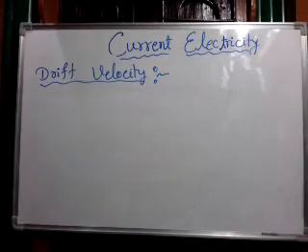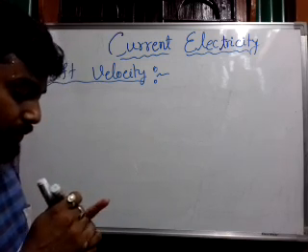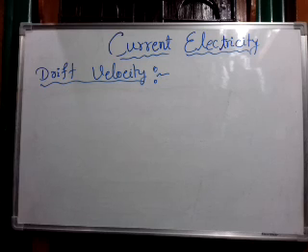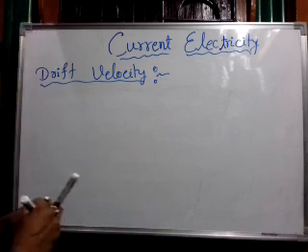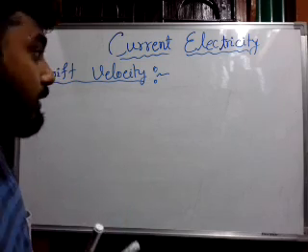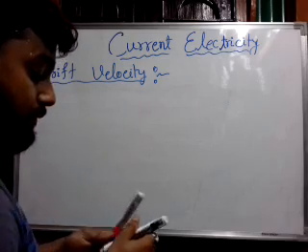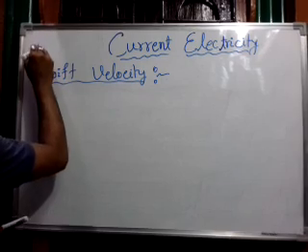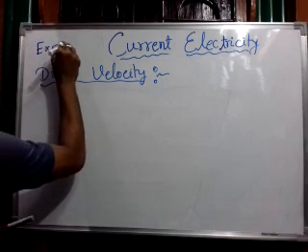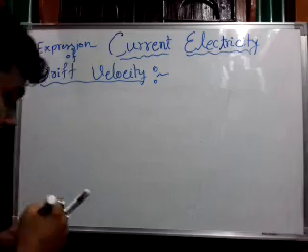It is the average velocity with which a free electron moves. Free electrons drift or move towards the positive potential of the conductor. Okay? Now find out the expression for drift velocity.